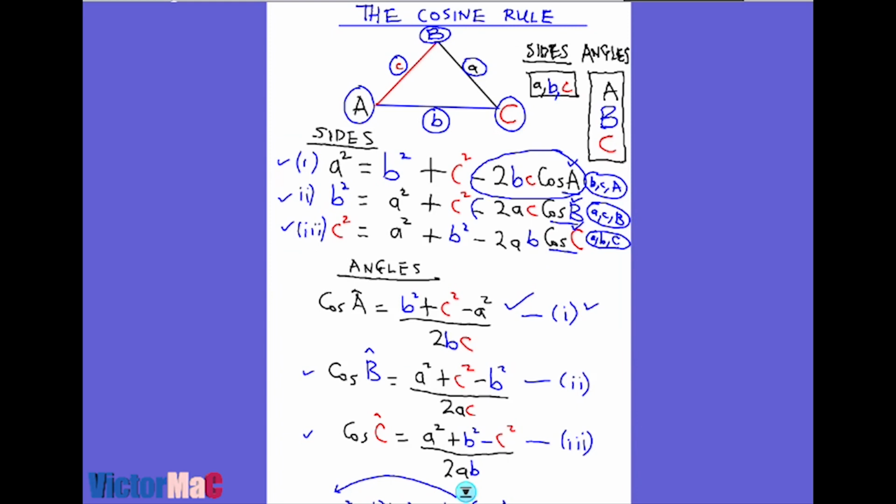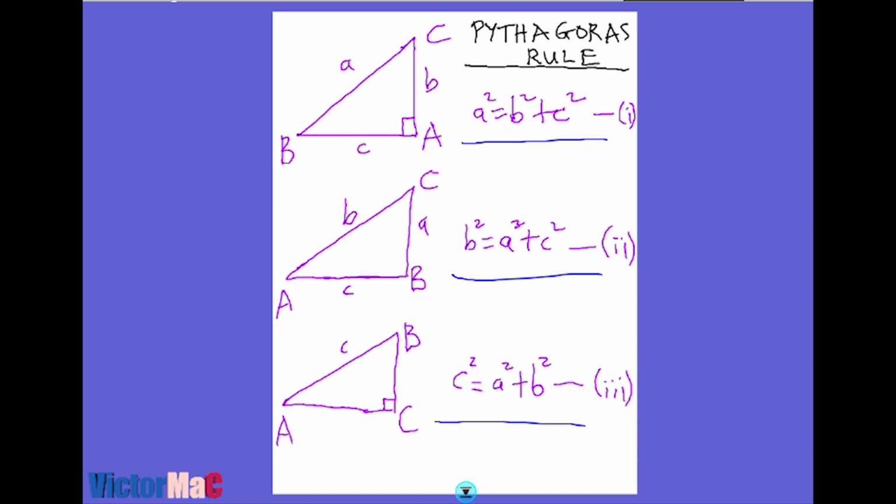The same thing goes with this cosine of B, which is cos 90, will make this third term on the right hand side 0. Same thing goes with this. So these 3 formulas will reduce to this form if you are dealing with a right angle triangle where A is 90 and where B is 90 and where C is 90 respectively. Alright, so the cosine rule is more encompassing and allows you to solve for more parameters.